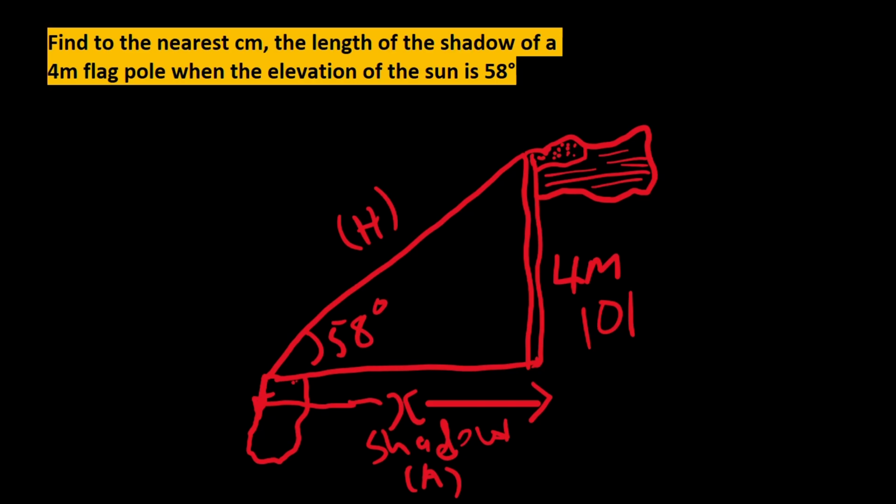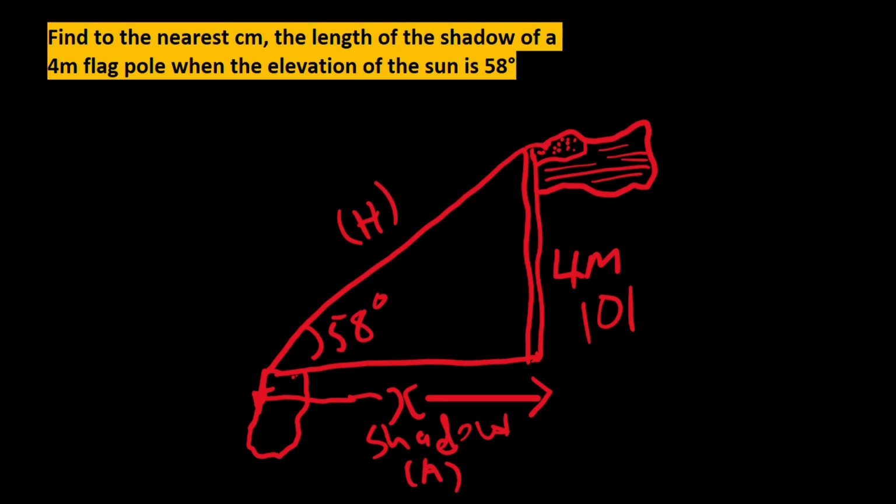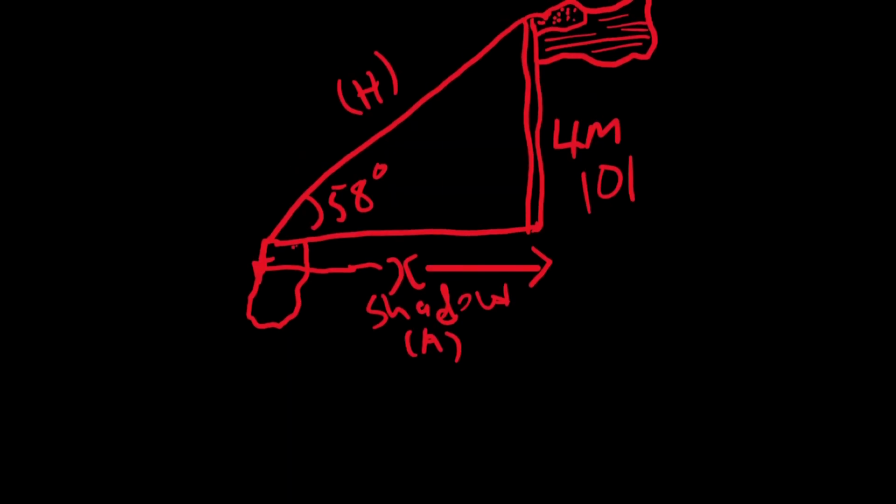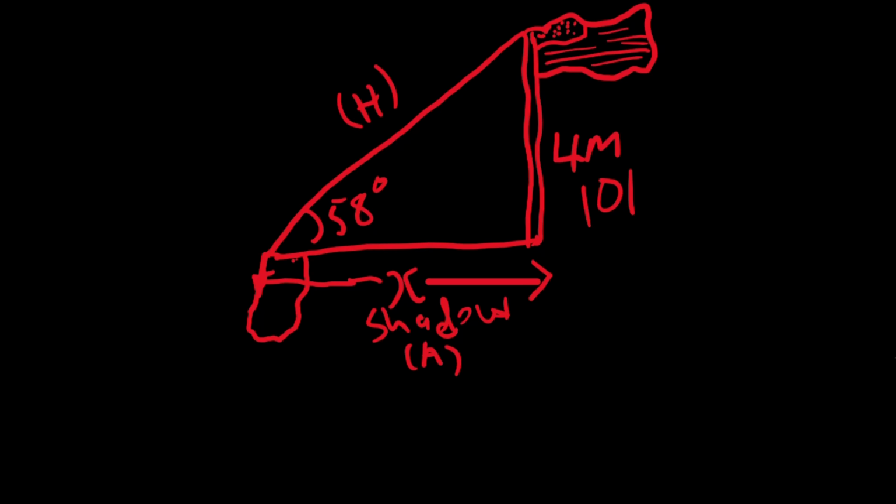First of all, here we have 4 meter, and here we have 58. So we're going to say tan 58, that's in degrees, equals opposite over what? Adjacent.